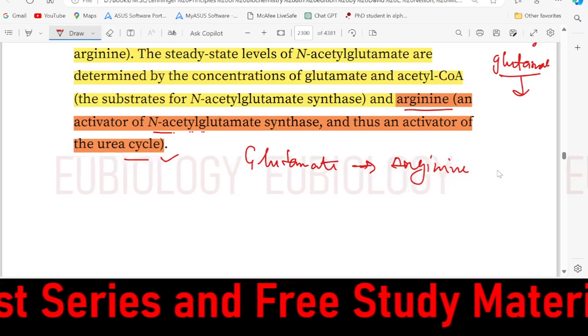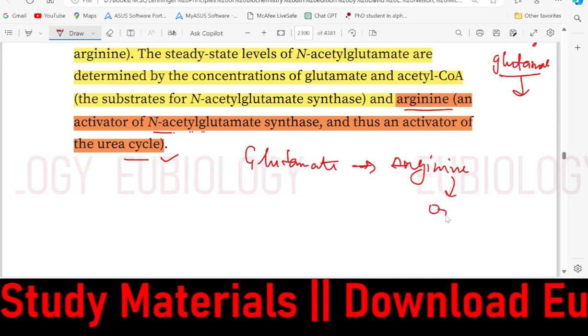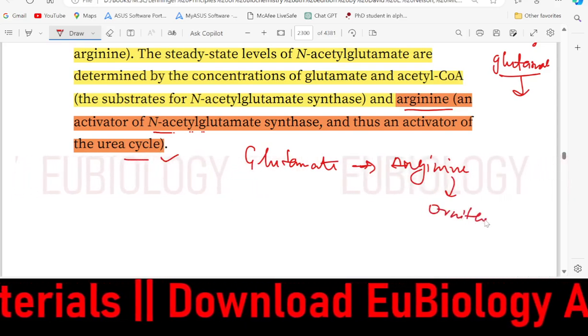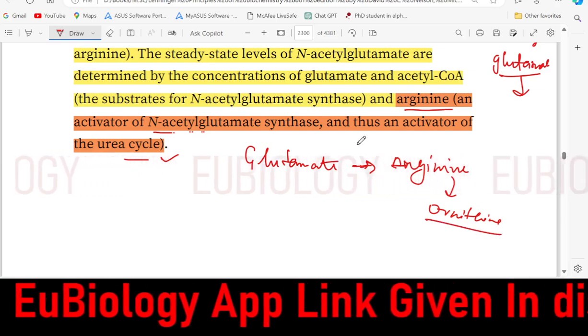Where it will become the part of the urea cycle? It will give you the ornithine. Okay, by that way you can become the part of the urea cycle.